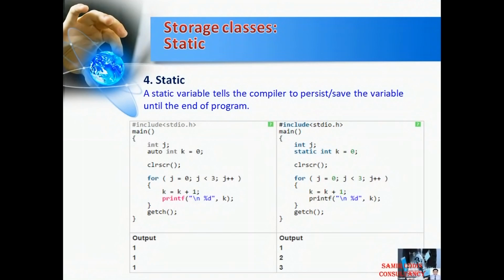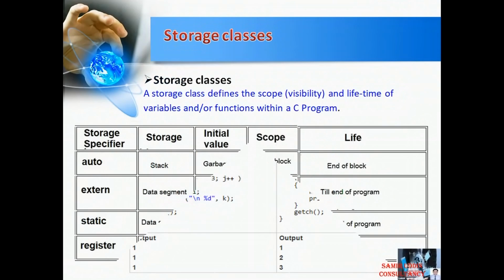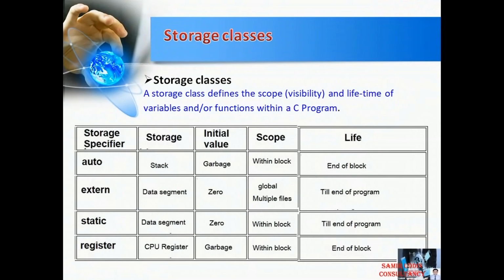So let's move on to this table. Here you can see the storage classes and all their descriptions. Also, you can summarize all storage classes through this table. An auto variable is stored in the stack and initially contains a garbage value within the block, and the life of the auto variable is until the end of the block only.